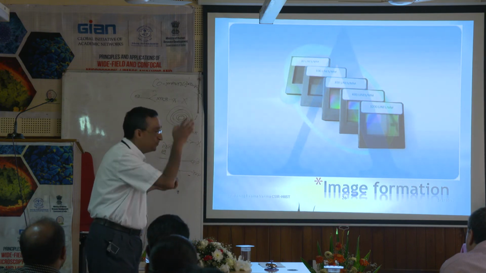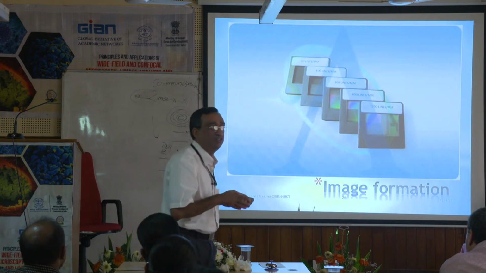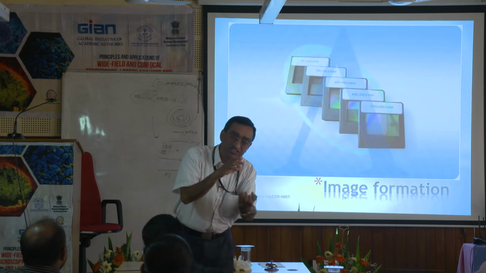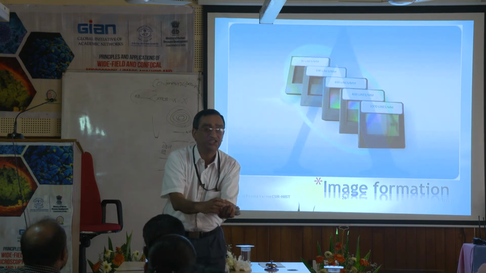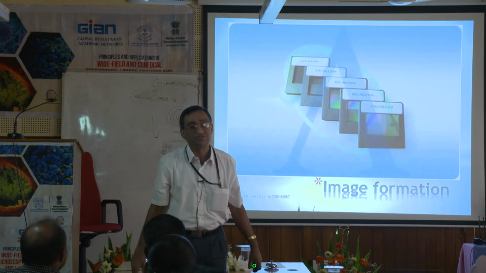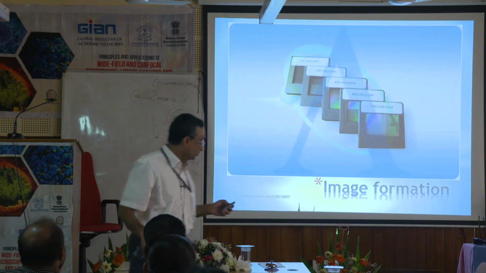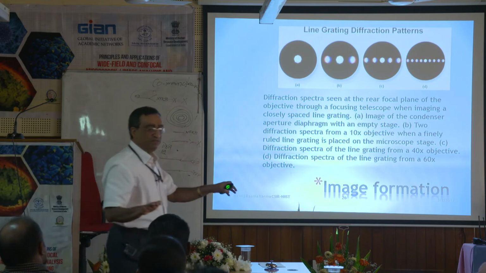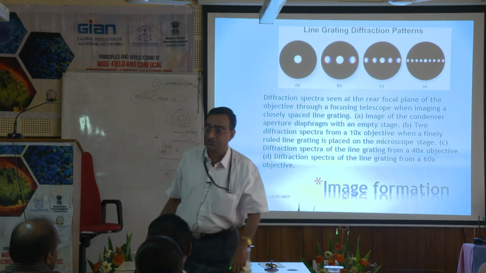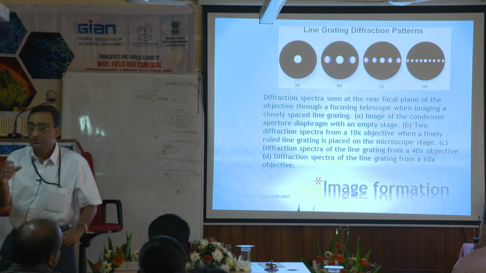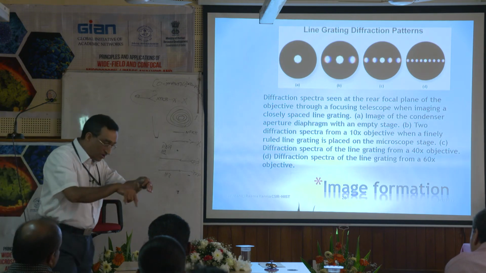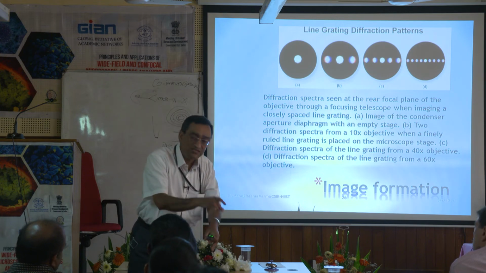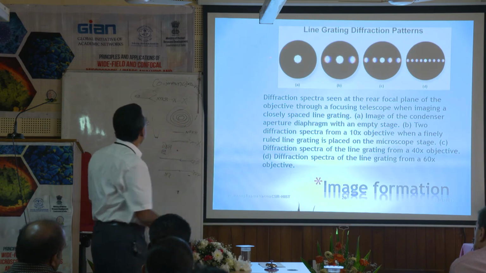So, a series of lines are drawn on this diffraction grating. If you put a diffraction grating on the specimen stage of your microscope and see the image, what will happen? For example, let there be no grating on your microscope stage. You have your light source and the aperture above that light source, and through your eyepiece you can see the image of the aperture.